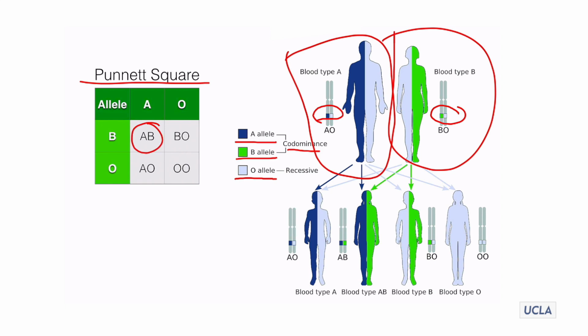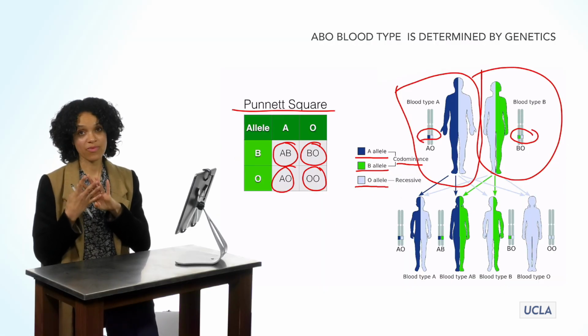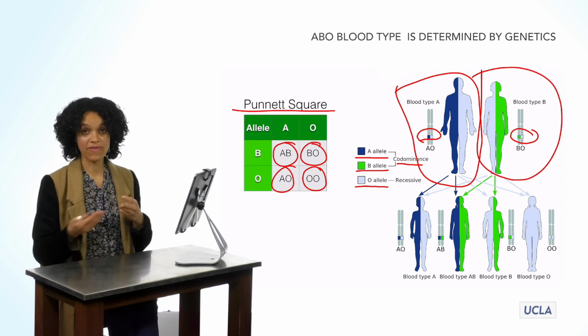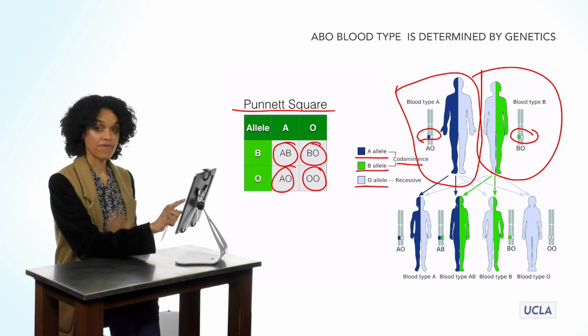You could have one child that has AB. You could have a child that has BO. You could have a child that has AO, or that's OO. So you could have AB blood, B blood, A blood, or O-type blood. All are equally possible in this scenario. Your genotype really determines what your phenotype is going to be, and also potentially the phenotype of your offspring. So that's the genetics of this.